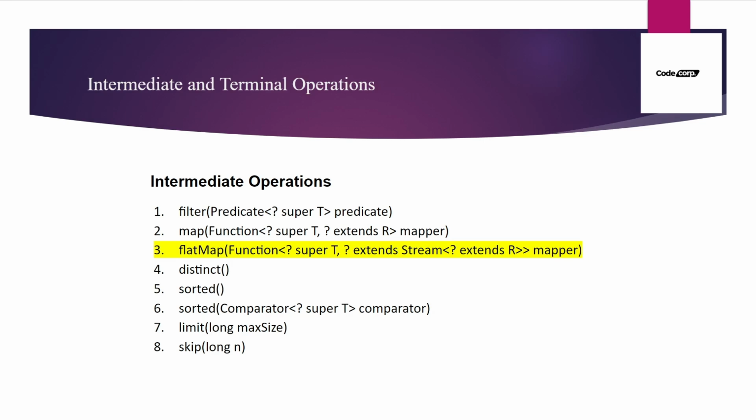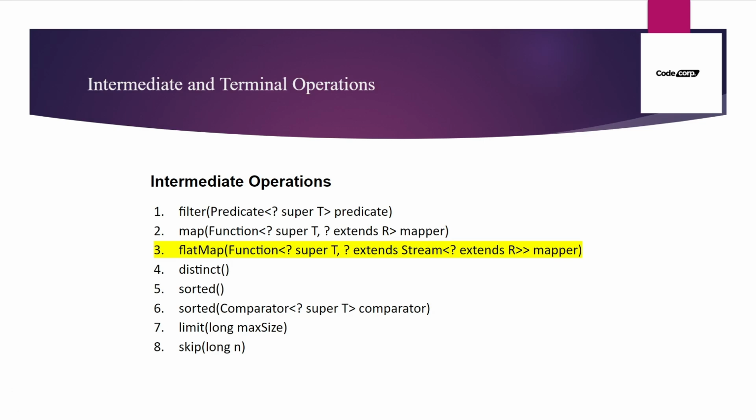I'll explain only these ones, and I'll tell you where you can find all the intermediate operations. Then you can have a look at them yourself, and after multiple tries you will get more comfortable with these intermediate stream operations.